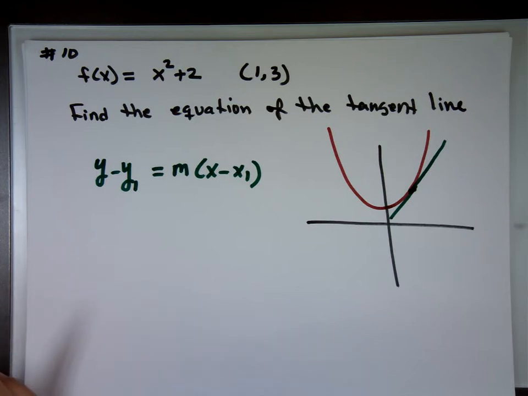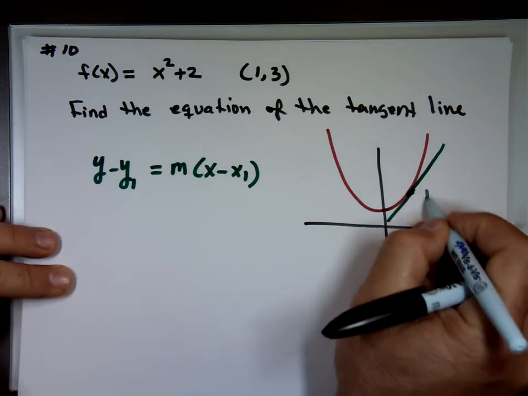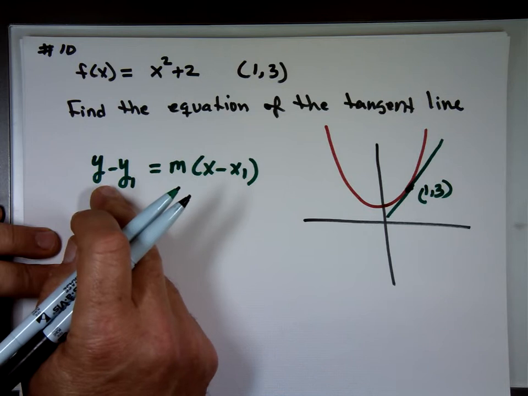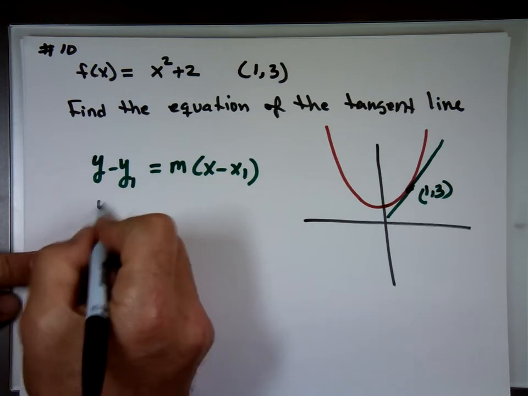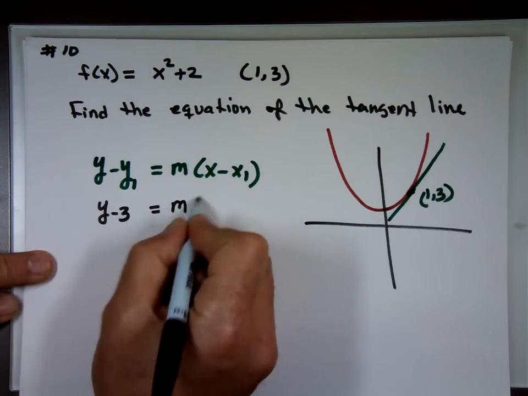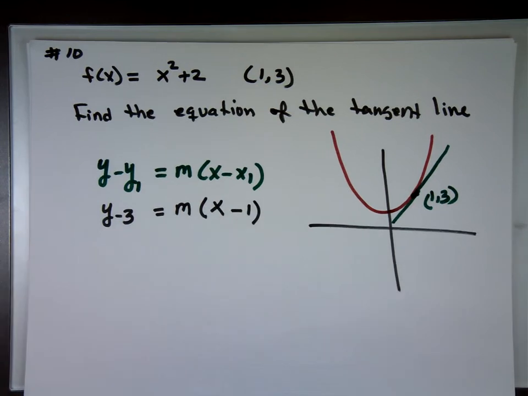Now we know the point 1 and 3, and to use this equation, you need two things. What do you need? The slope and a point. So we have the point, so it's y minus 3 equals m, which we don't know, times x minus 1. So if I know what m is, I'm done.